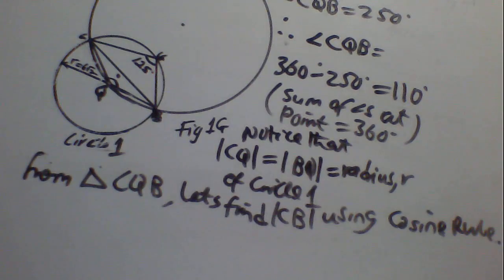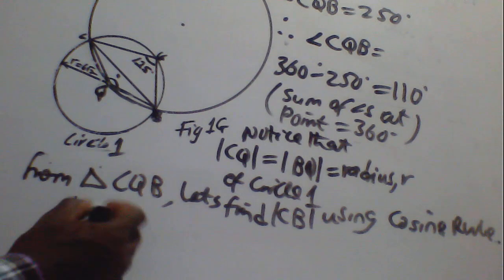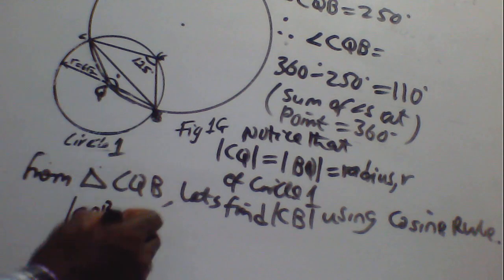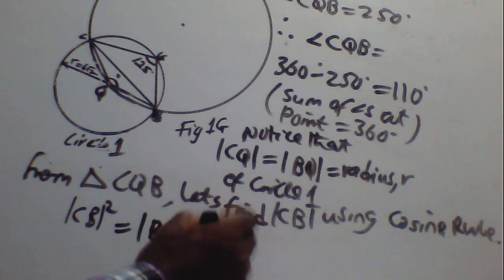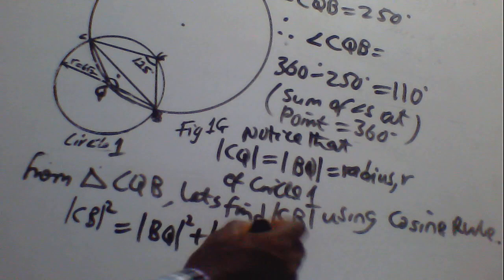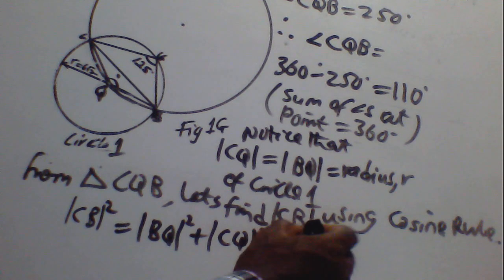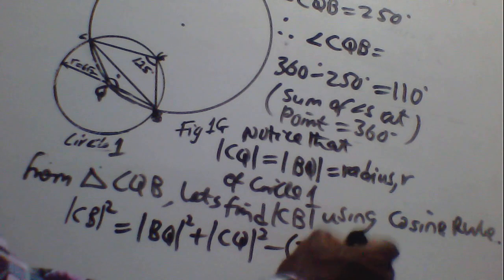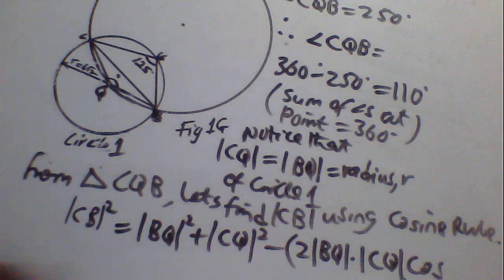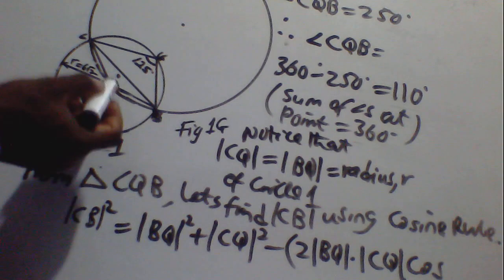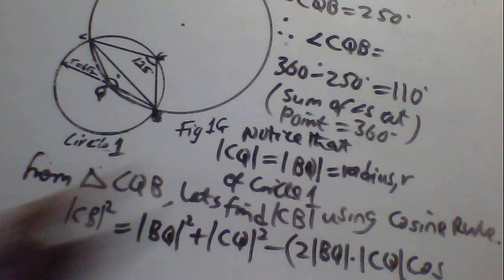CB squared is equal to BQ squared plus CQ squared minus 2 in bracket BQ CQ cos this angle here, which is 110.